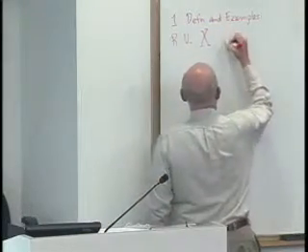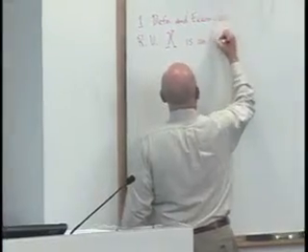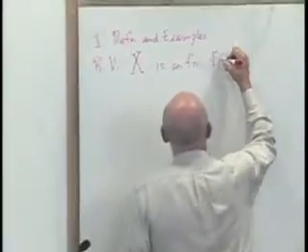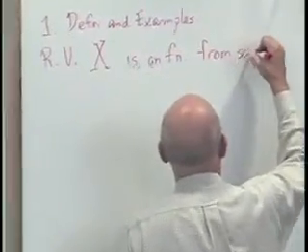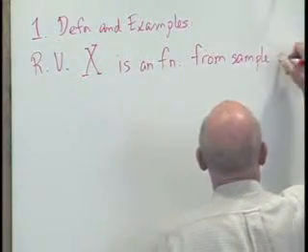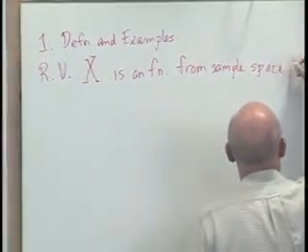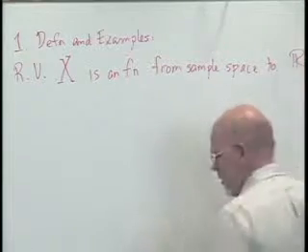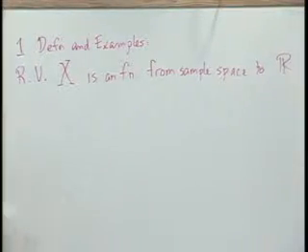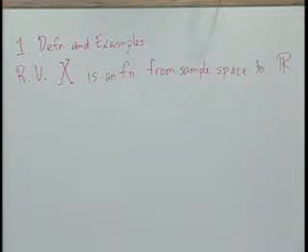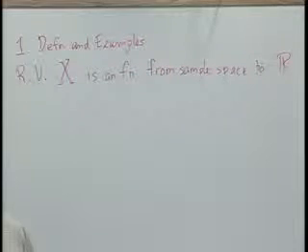This is a function from our sample space to the real numbers. Most of the time, the values assumed by this random variable will be integers, but it's perfectly reasonable to have a random variable that can assume the value pi or e or the square root of 2 or something else that's irrational.